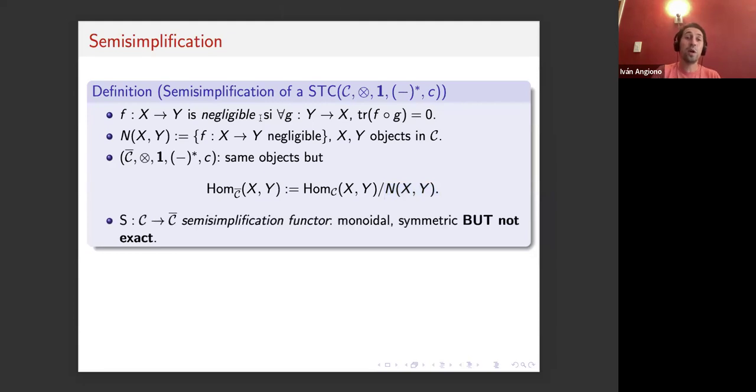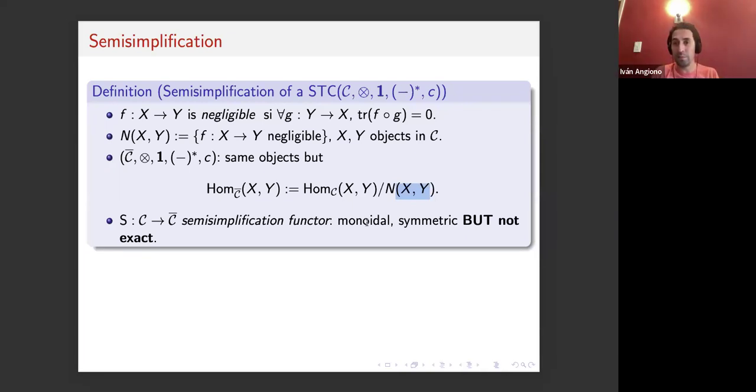Once you do this, you have a functor which sends every object to itself, every map to the map up to the negligible maps. This is the canonical way to define this functor. And you want this functor to be monoidal. I cheat in some way because I say first what the functor is and then what the structure behind it is. Let me say, in the quotient, because you see this C bar as a quotient, essentially the tensor product behind is the same as up and you move down.